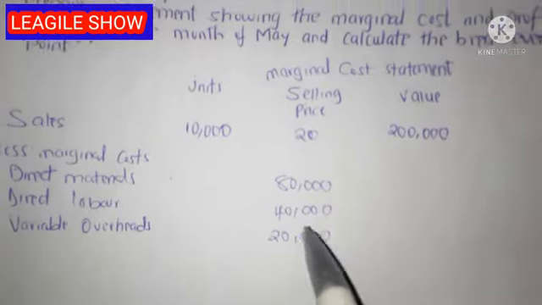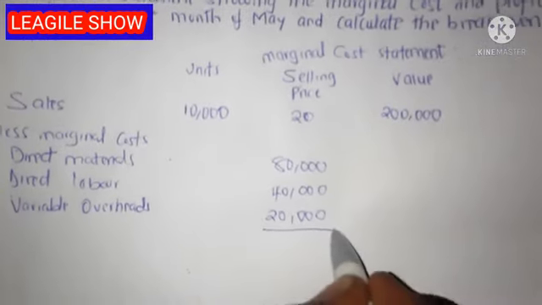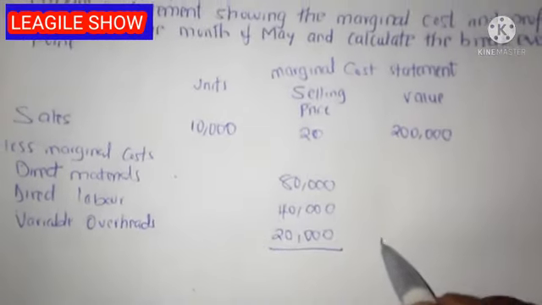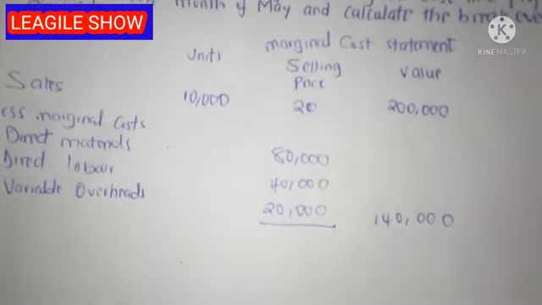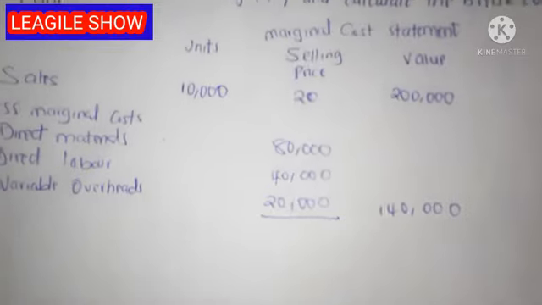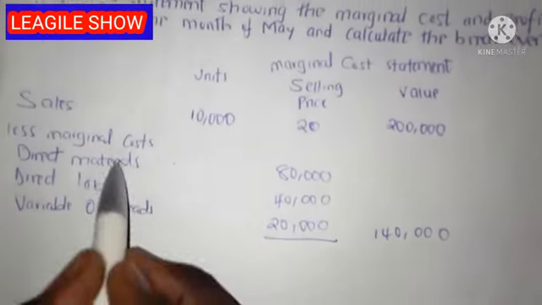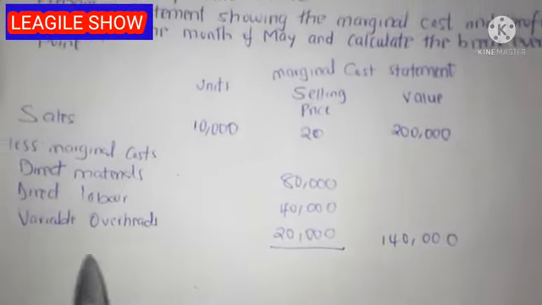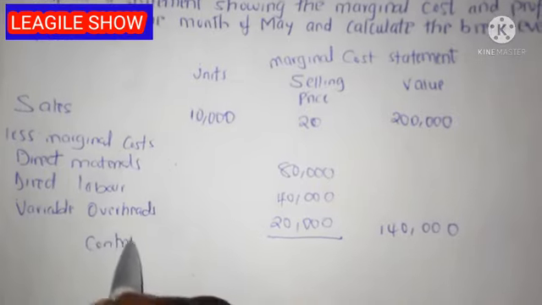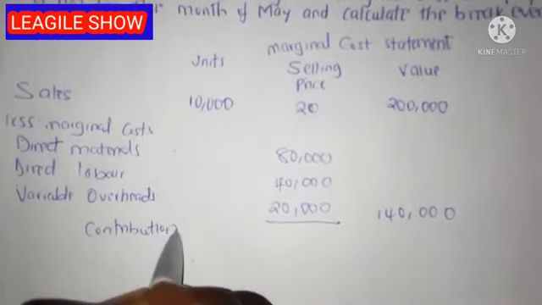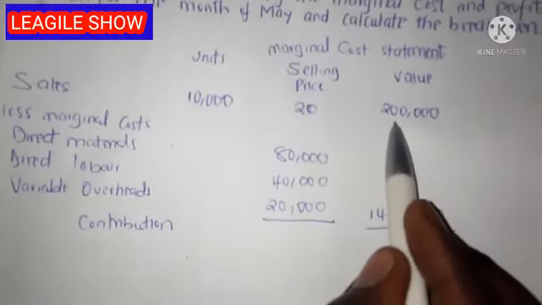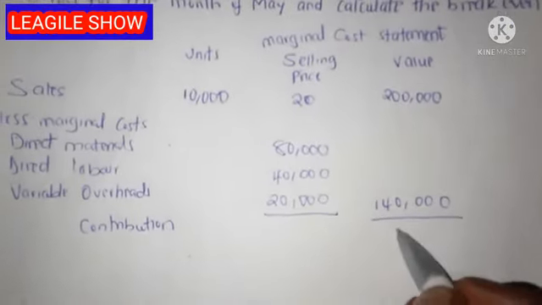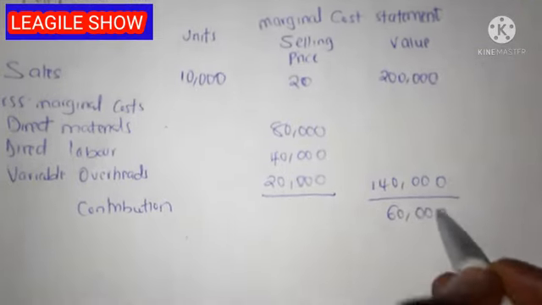So if you sum all this, we will be able to find 140,000 to be our marginal cost. So the difference between sales and marginal cost will be our contribution. So our contribution here will be 200,000 minus 140,000, which is 60,000.